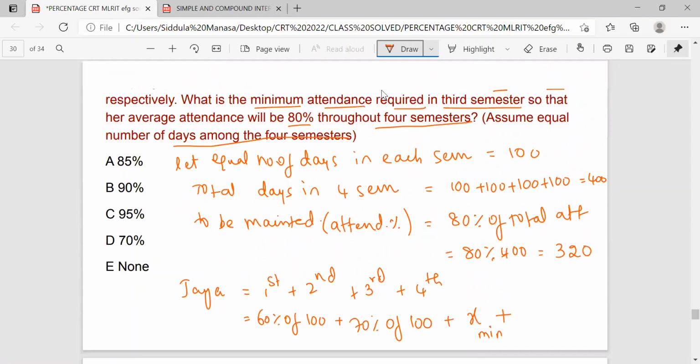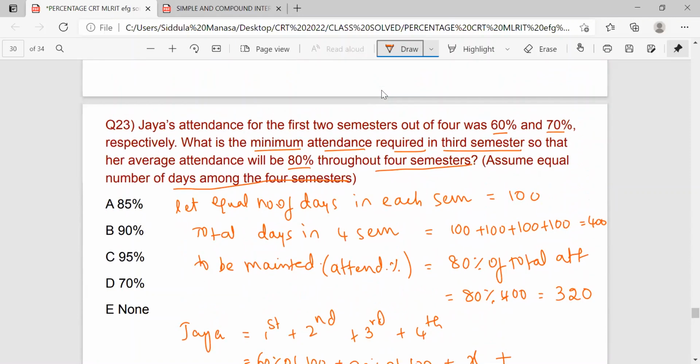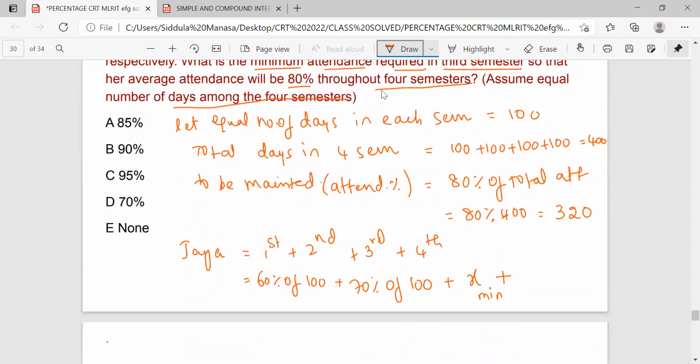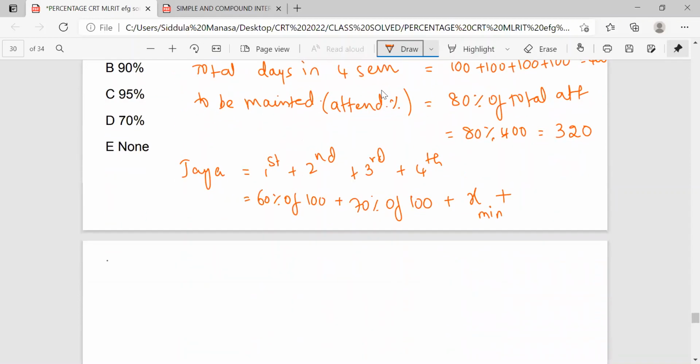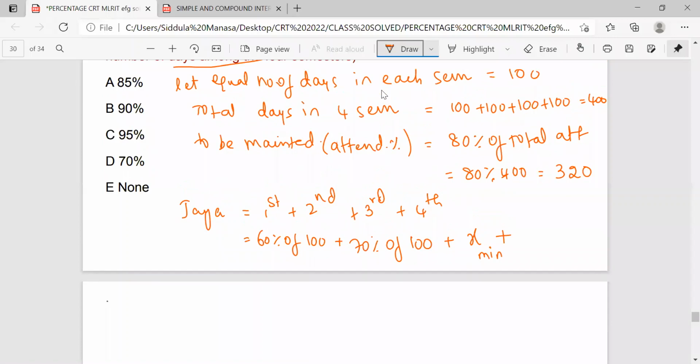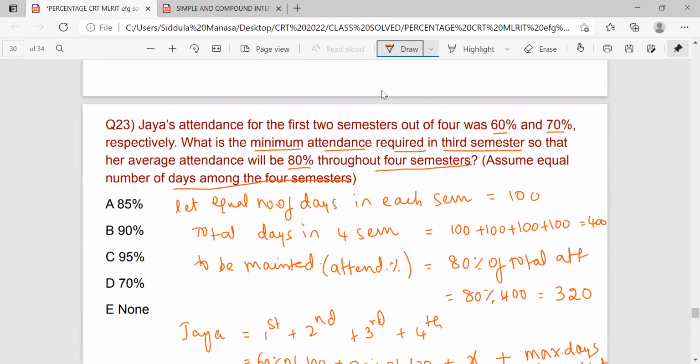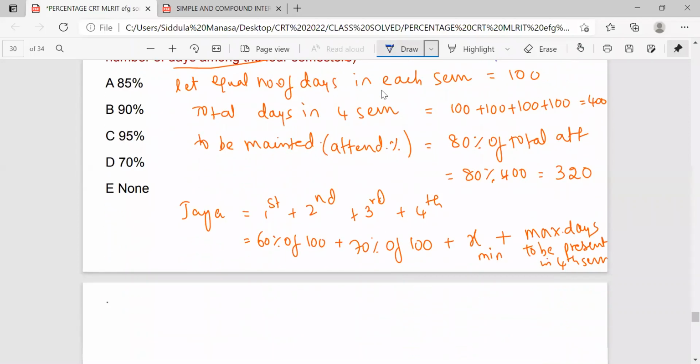So if you want to make minimum attendance required in the third semester, we don't know about the fourth, right? So what we will write here, maximum days to be present in the fourth semester. So if you want to maintain minimum attendance in the third semester, you know to maintain what?